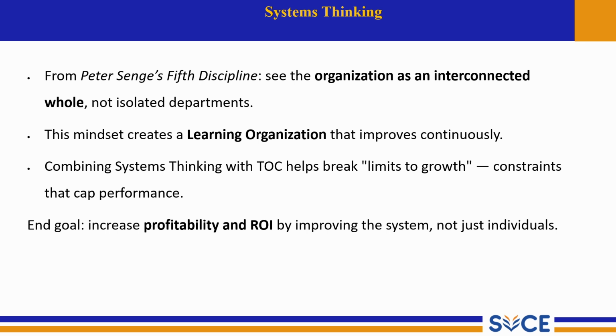Combining systems thinking with the theory of constraints helps break limits to growth, constraints that cap performance. Here, the end goal is to increase profitability and ROI by improving the system, not just the individuals.